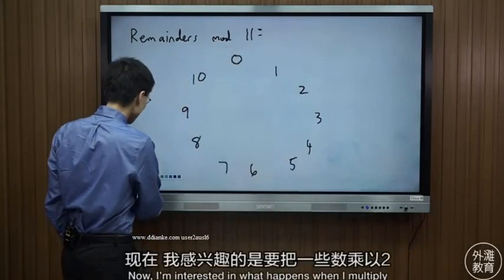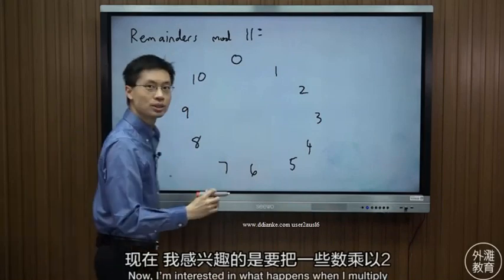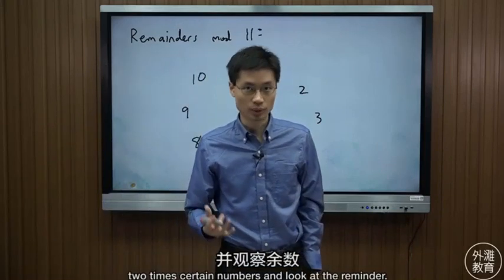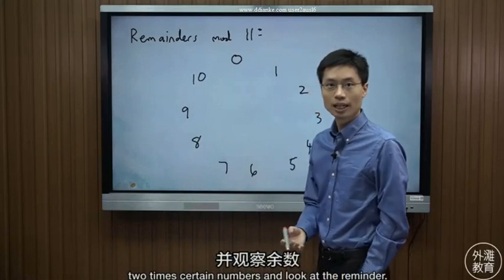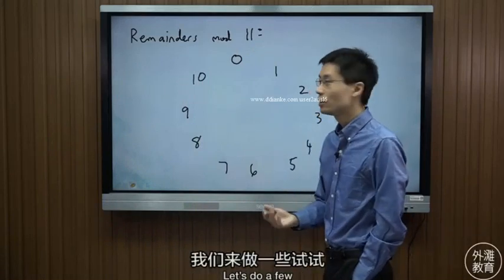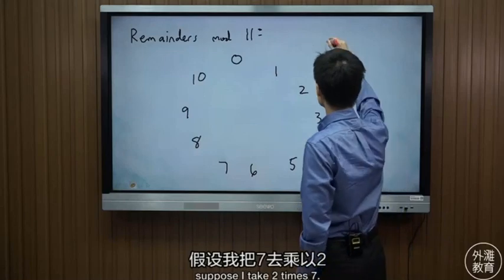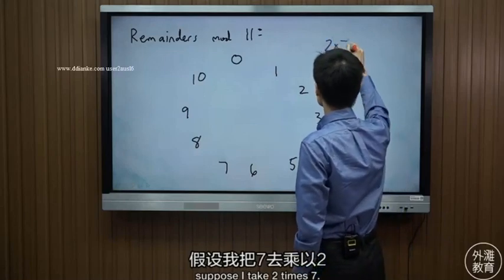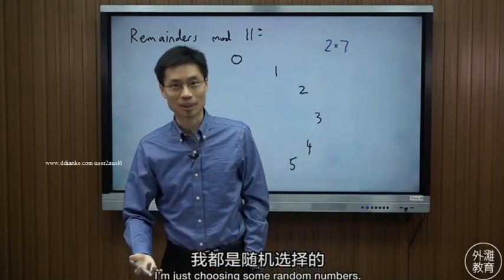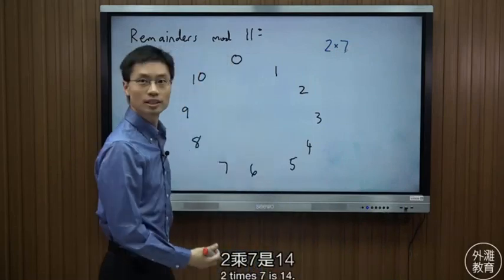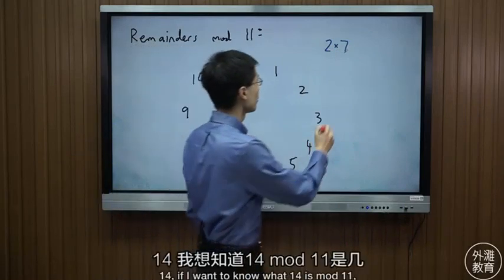Now, I'm interested in what happens when I multiply 2 times certain numbers and look at the remainder. Let's do a few. Suppose I take 2 times 7. I'm just choosing some random numbers. 2 times 7 is 14.